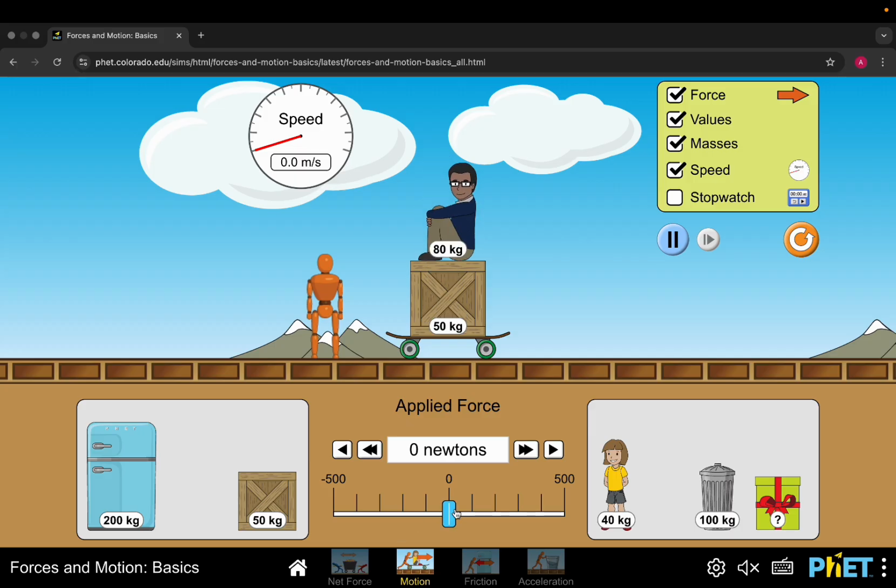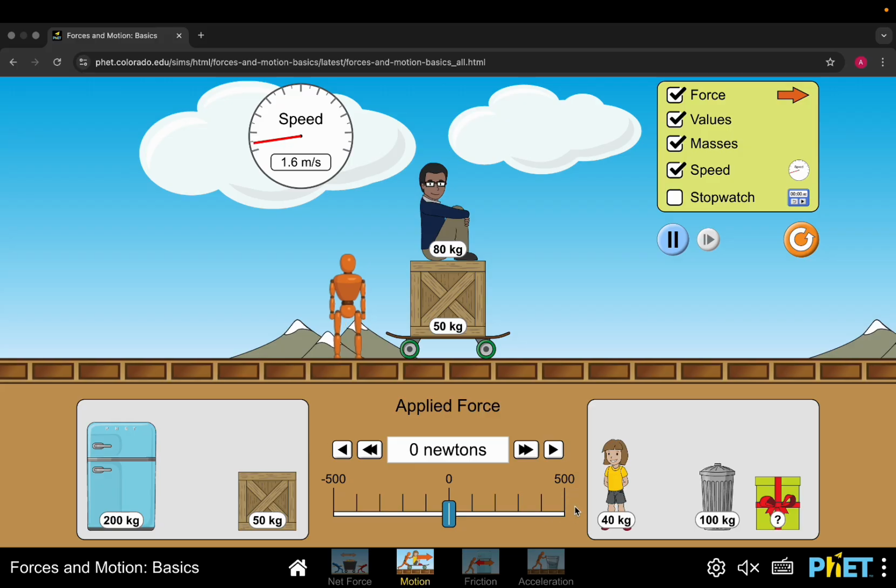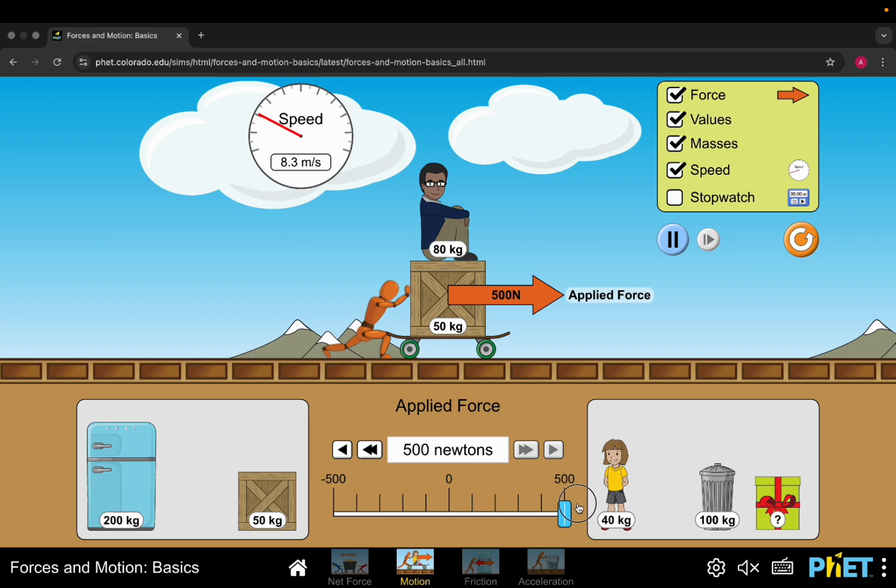And if you apply the same force but a different weight, the acceleration is going to vary. So let's see. 500 newtons. So watch.